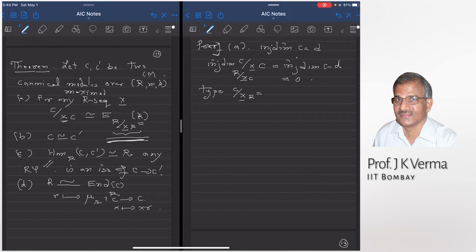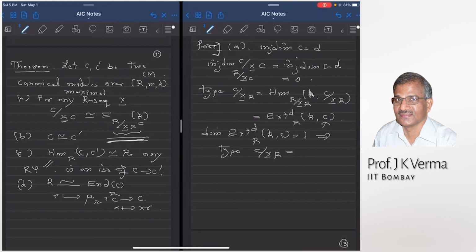So when we have a dimension 0 module, to find the type, we have to take Hom over R mod xR of k into C mod xC. By change of rings, by Rees's theorem, this is equal to Ext^d_R(k, C). C is a canonical module, its type is equal to 1. So this dimension of Ext^d_R(k, C) is equal to 1, and this means that the type of C mod xC is also 1.